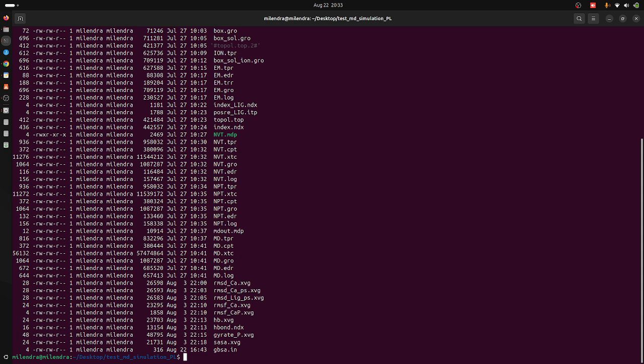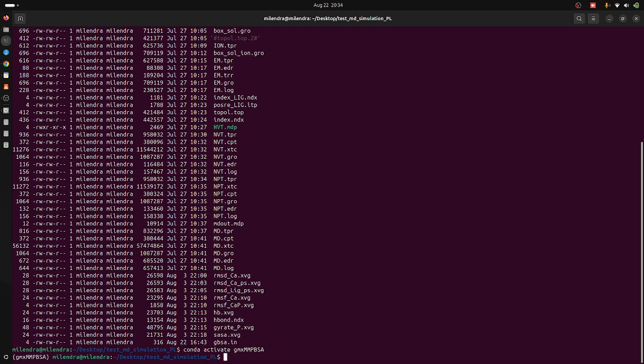We have the system, and just go for activation of our GMX MMPBSA module, right? So we have to activate it using conda activate gmx_MMPBSA, right?